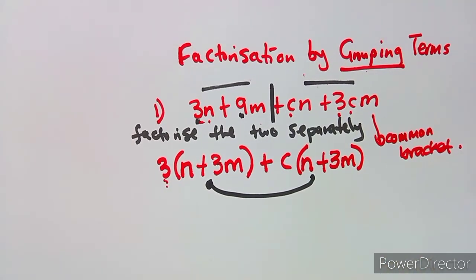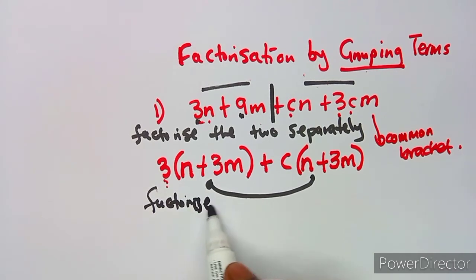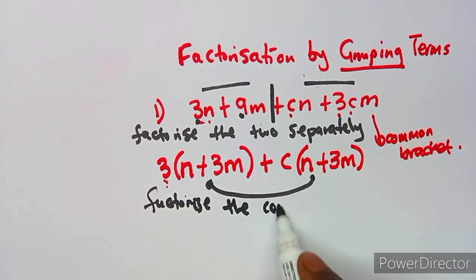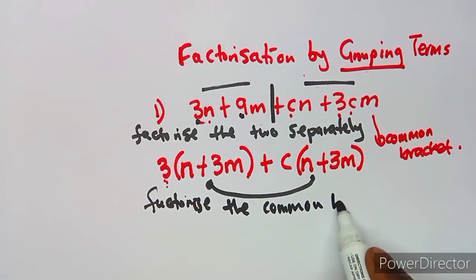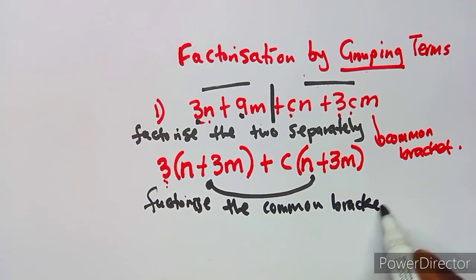Alright, now having this common bracket, what are you going to do? You are going to factor out or factorize the common bracket. Always that is going to be the case.